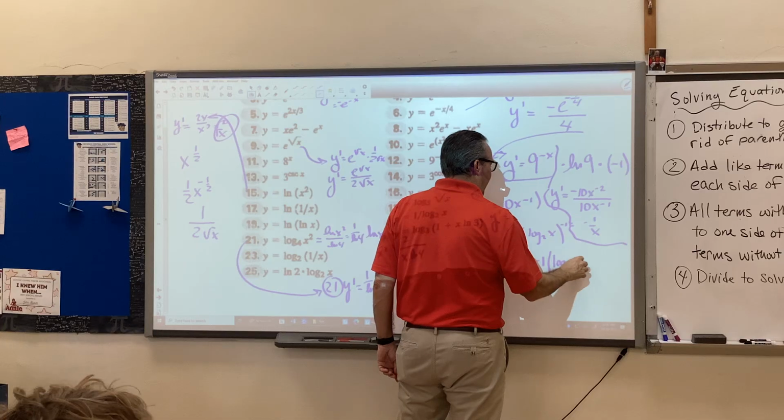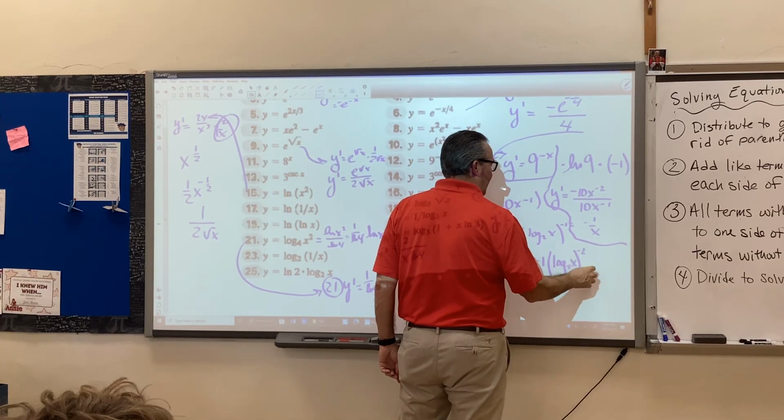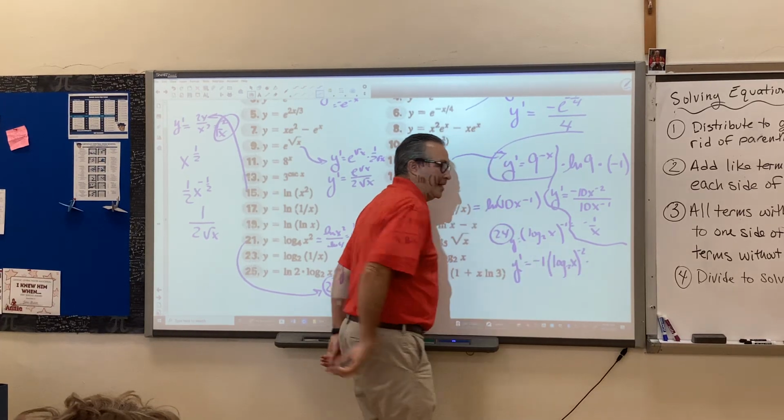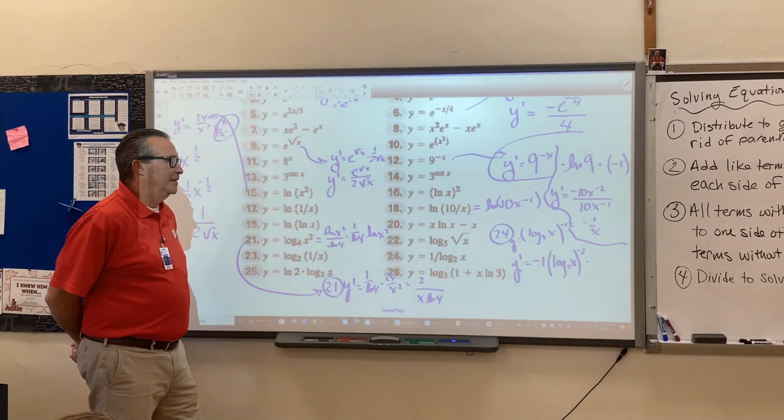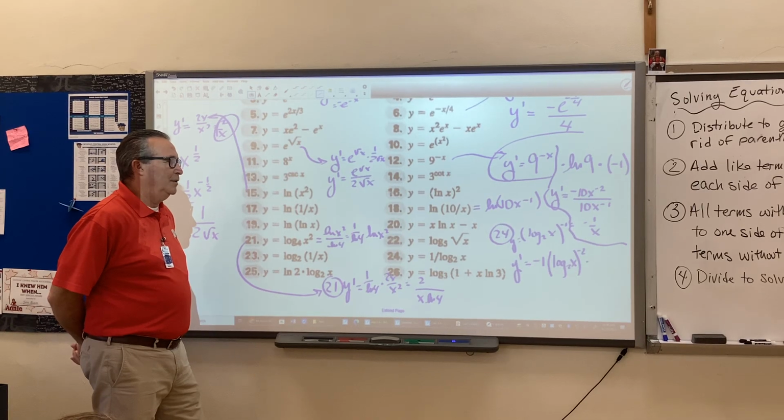Negative 1 times log base 2 of x to the negative 2. Oh yeah, derivative of what's inside. Times natural log of x over the natural log of 2, so 1 over natural log of 2 times natural log of x.